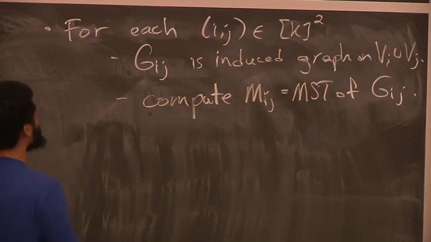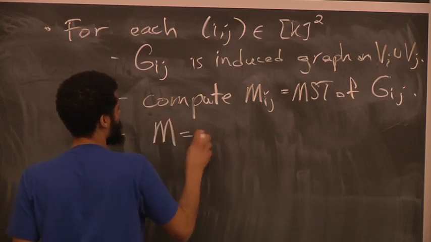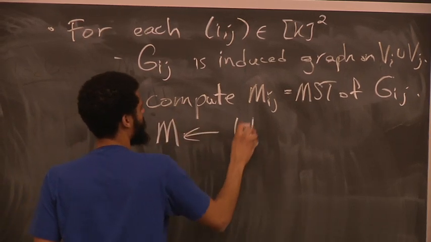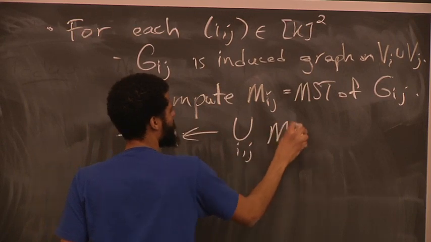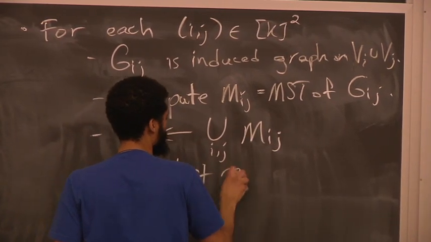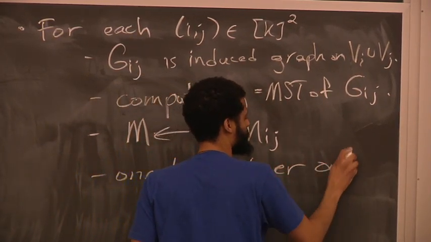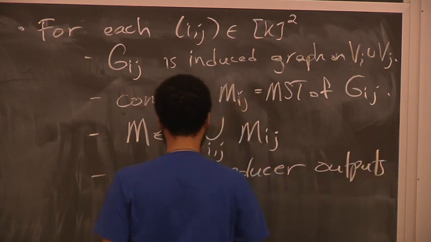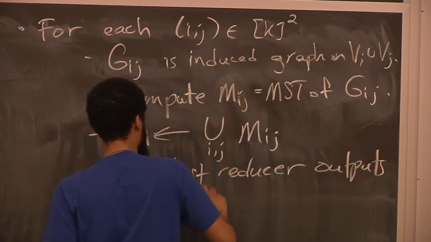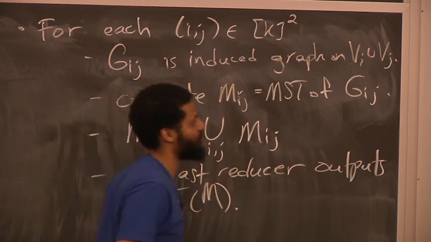And then we're going to set M to be equal to the union over all ij of Mij. One last reducer outputs the MST of M. Okay. So that's the algorithm.